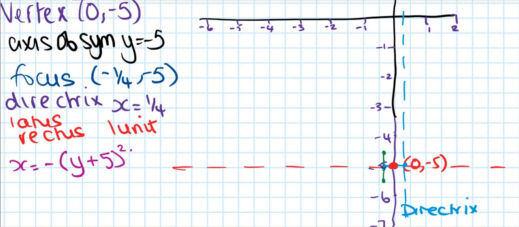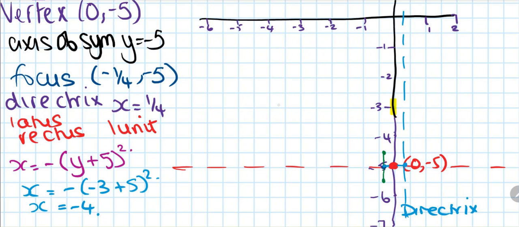So if I look at my graph and look at a value on the y-axis at minus 3, I can substitute that in. So x is equal to minus (minus 3 plus 5) squared, and this will give me a value of x is equal to minus 4.